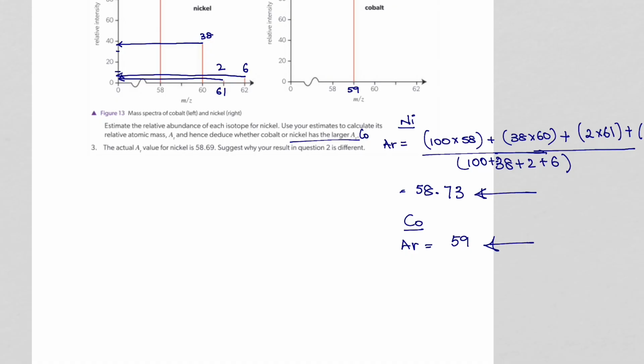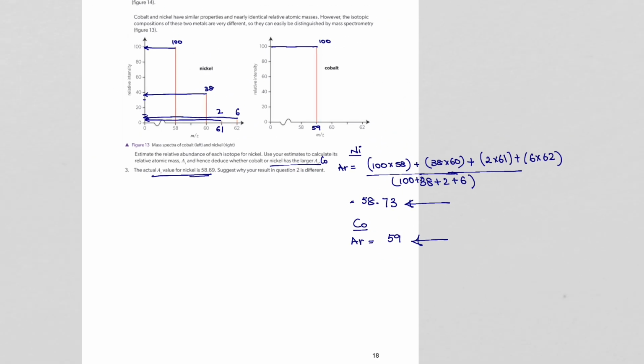Now the actual value of AR for nickel is 58.69. The value is slightly different. Why? There's 2 reasons why it's different. The first one is that all these values that you used here, the relative intensities, these are approximate values here.